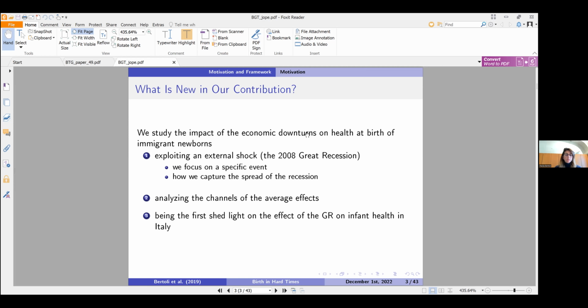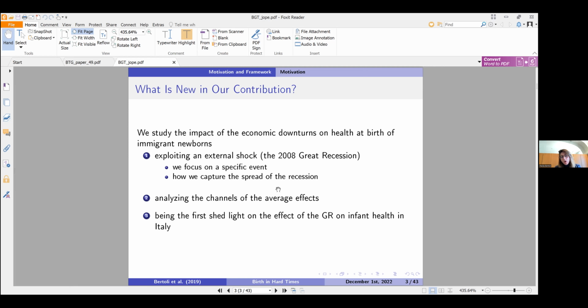So we run a set of heterogeneities, trying to identify the drivers. What characteristics make immigrants more or less exposed to the consequences of the crisis? And then, as a minor point, we were the first, at least at the time of the writing of the paper, to check the effect of the Great Recession on infant health. So far, there were mainly papers looking at the effect on adult health.